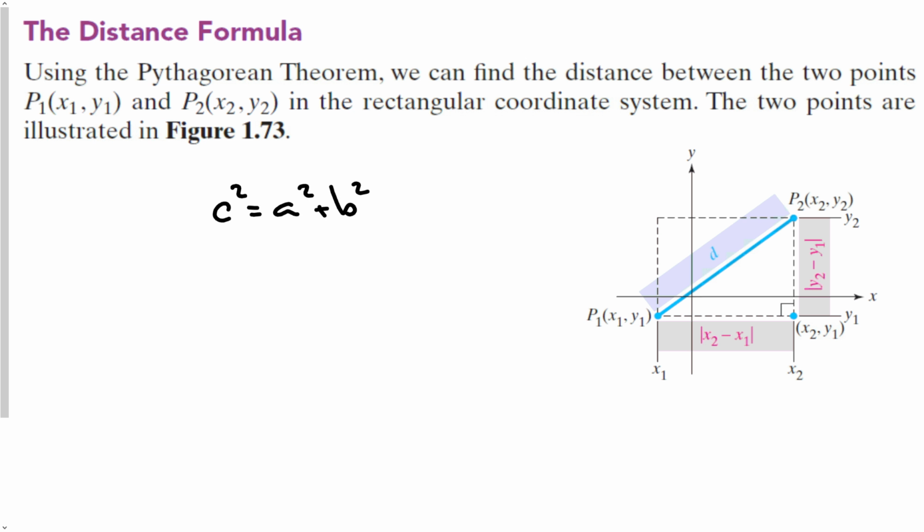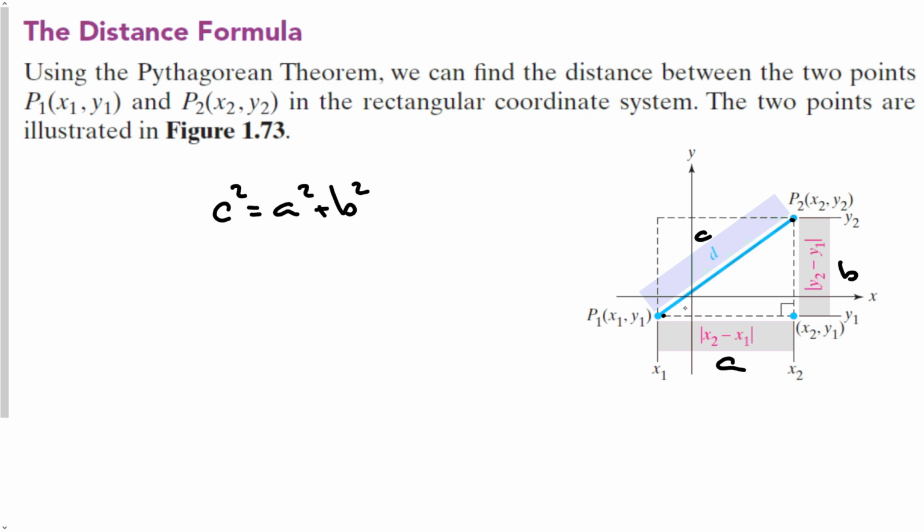Because as I look at this picture on the right, we can see that to find this distance between 2 points, that's going to be kind of like the hypotenuse of a right triangle, which the Pythagorean theorem tells us how to find. Because if this is side C, we can call the other two sides A and B, and now I have a Pythagorean theorem.